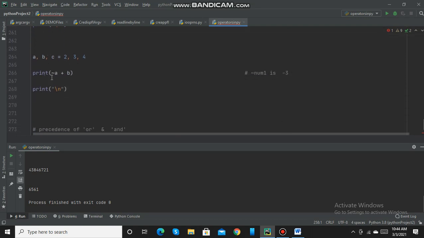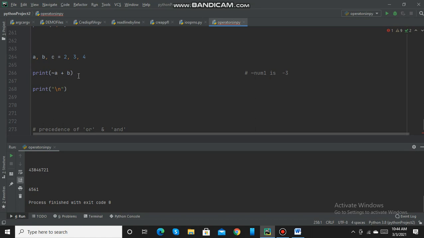Now the next is the negation operator. Here I am assigning values 2, 3, 4 to A, B and C respectively. Then here I am printing negation, that is tilde A plus B. So tilde A means the value of A is 2 here. Tilde A means it will add 1 to the value of A, which becomes 3, and negate it, so minus 3. Plus the value of B is 3 here.